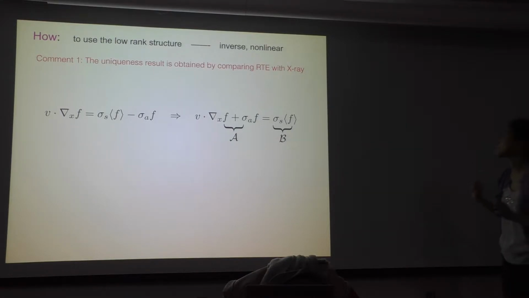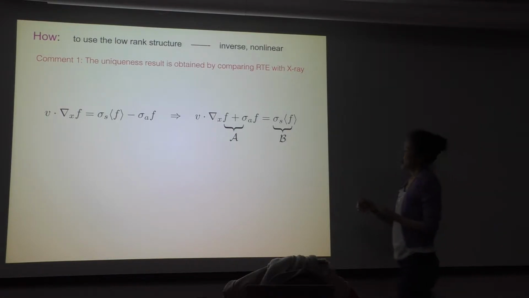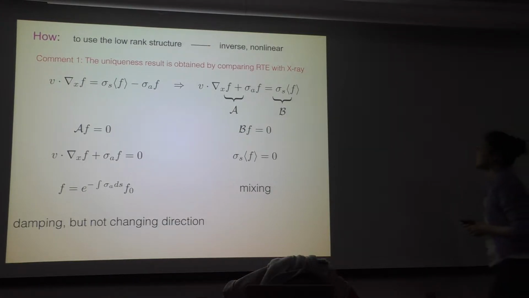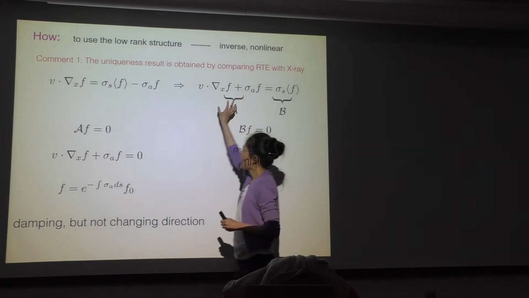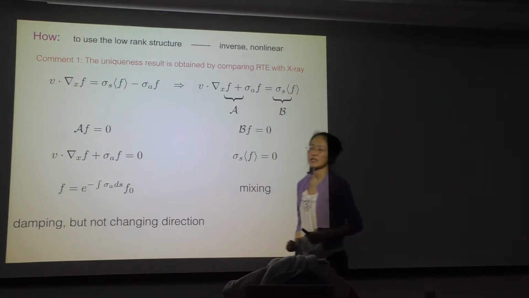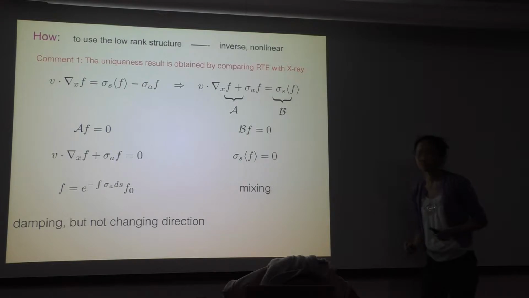If I change this equation a little bit, just move this term to the left-hand side, I call this term the A operator, and I call this term the B operator. These two terms do different things. The first term says, I apply this operator on my solution, then my solution exponentially decays.